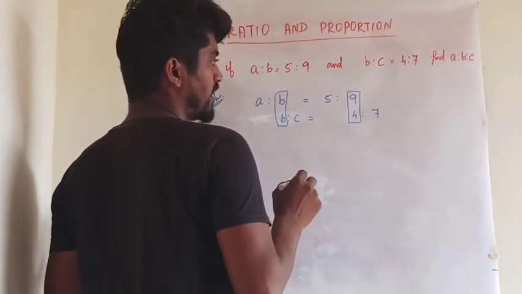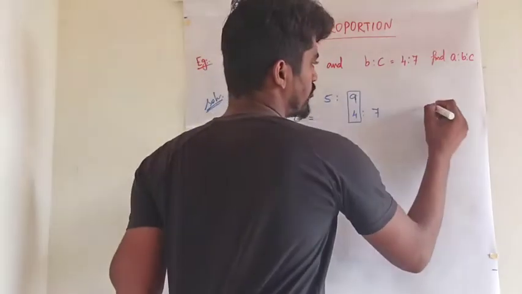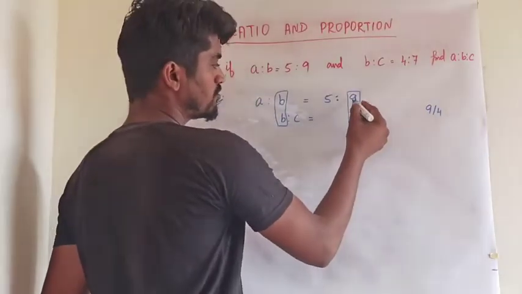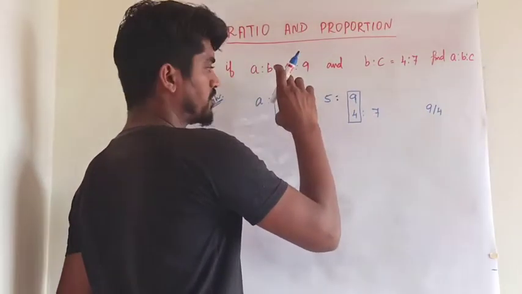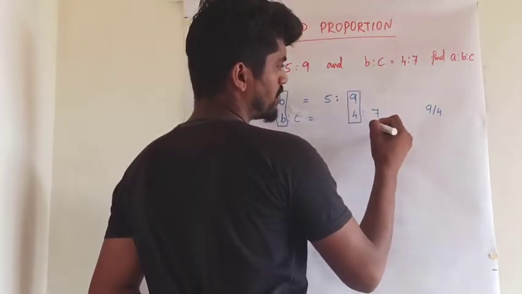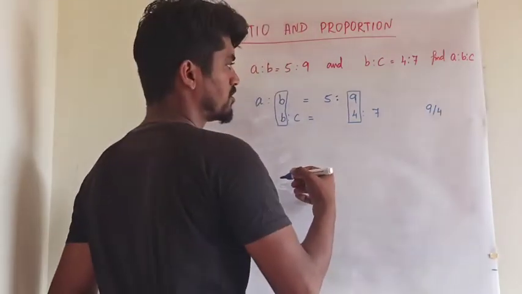We write 9 by 4, merging both B values into a single value.